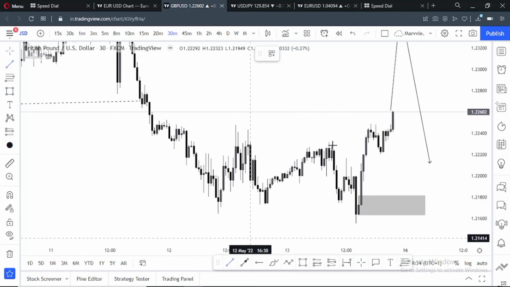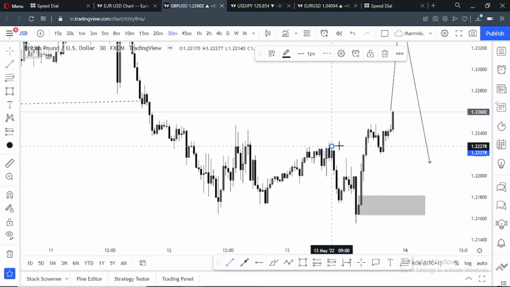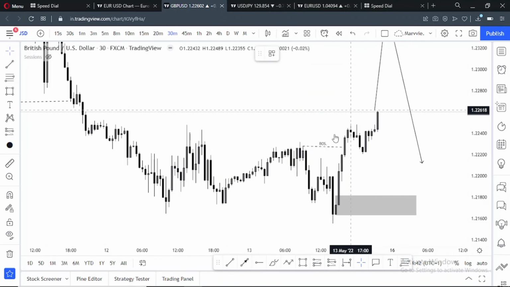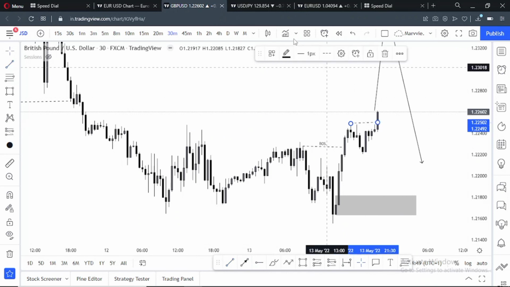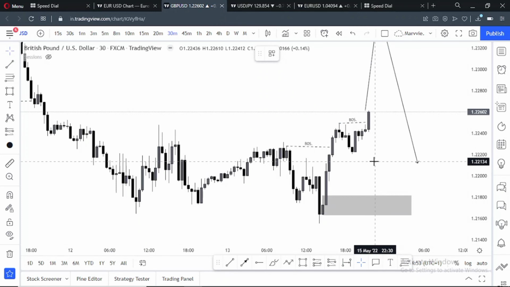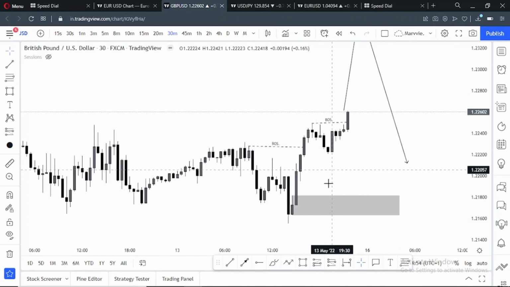So then we have this break of structure from here. Then a new break of structure. Demand zone also.